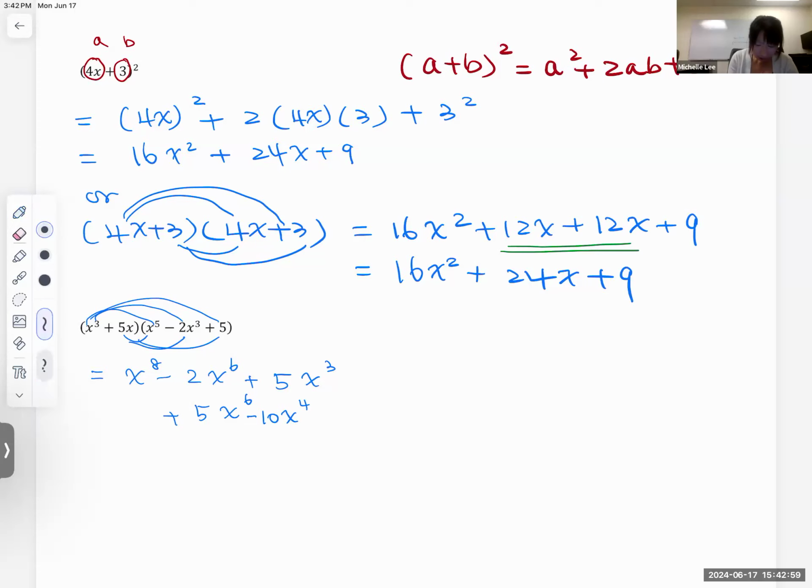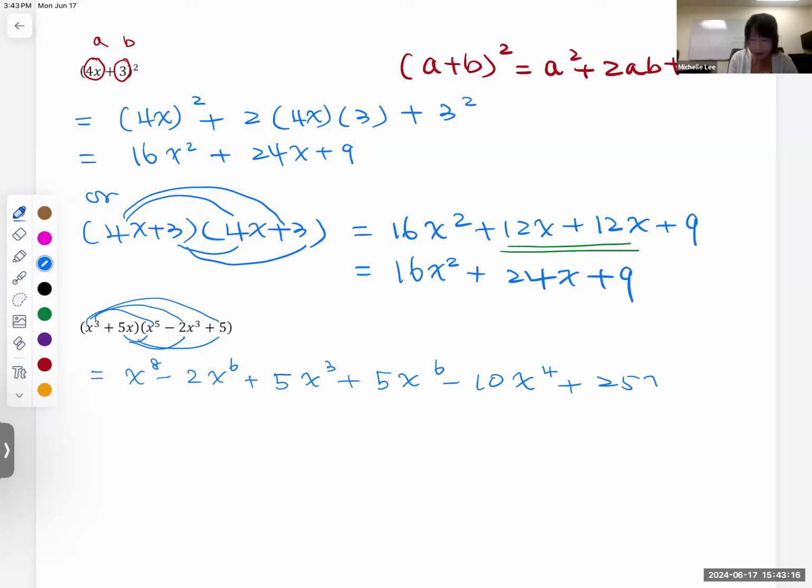Oh, we don't need this one. Let's just do it horizontally. They don't have a nice power. So that plus 5x to the 6th power minus 10x to the 4th power plus 25x.